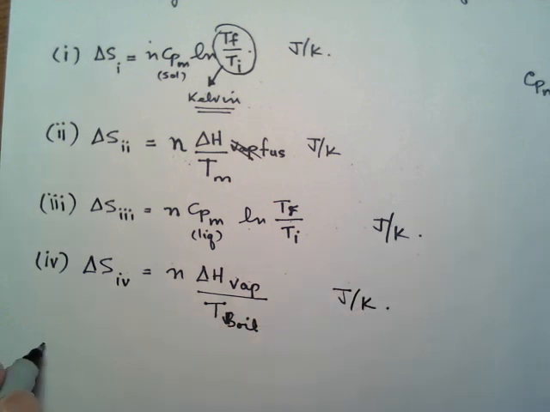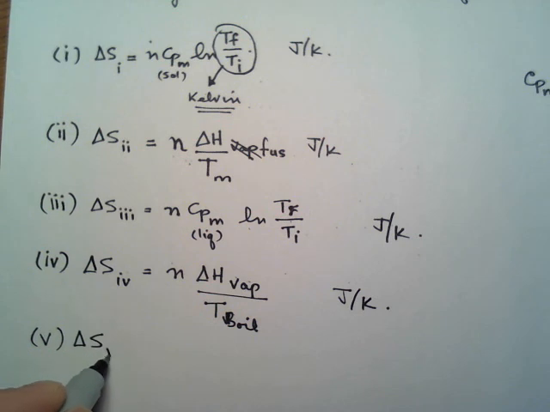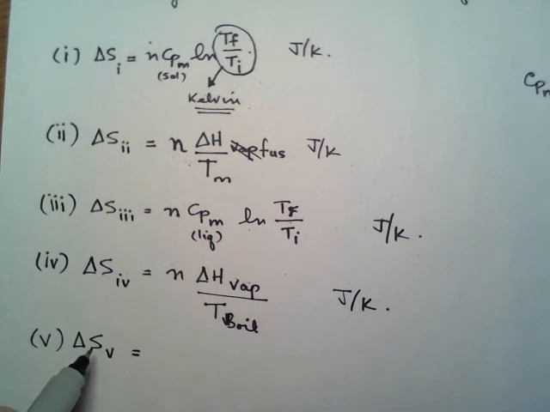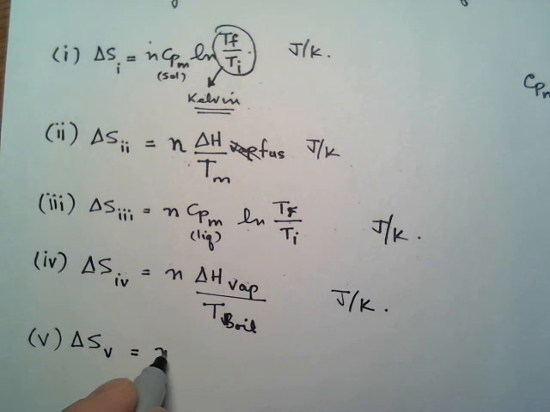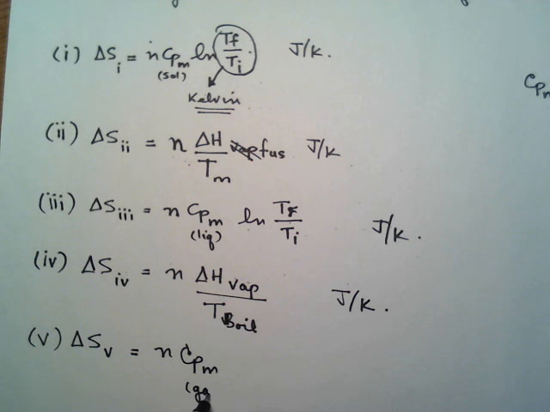Now my last step is a constant pressure heating of 10 grams of vapor. So again, converted to moles. Molar heat capacity this time for the vapor or for the gas, and that was the 33.58 joule per K mole.